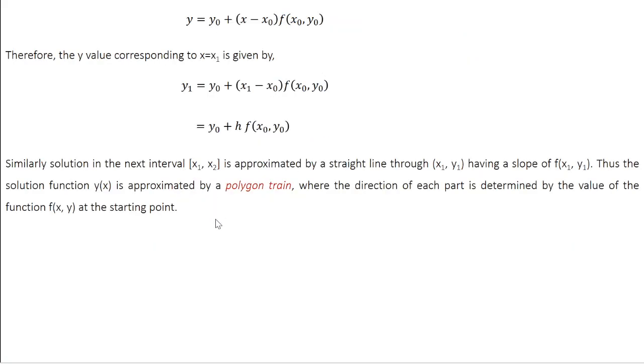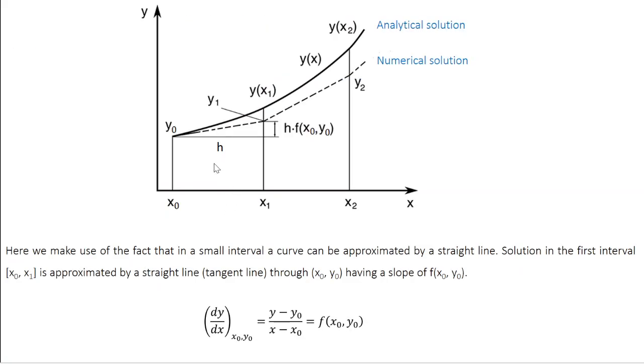Now let's first go to the first subinterval, x0 to x1. So here what I do is I find the tangent at the point x0 y0. So this is the tangent. At this point, this dotted line is the tangent, right?